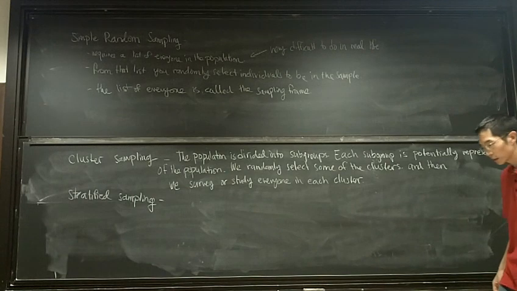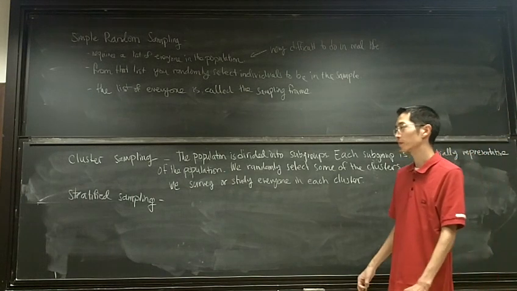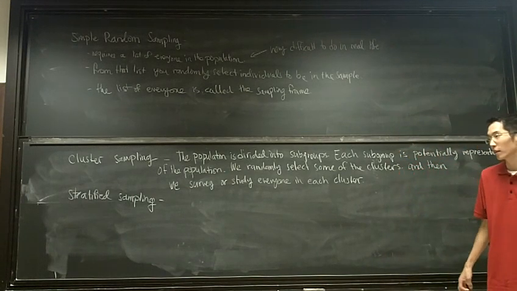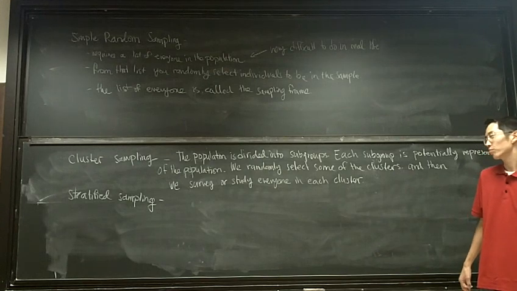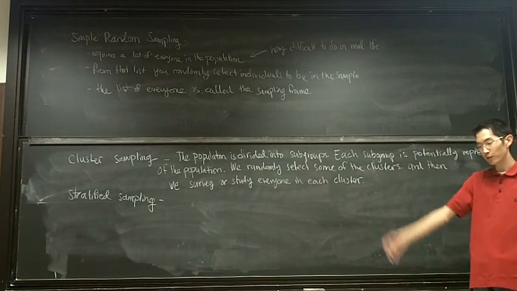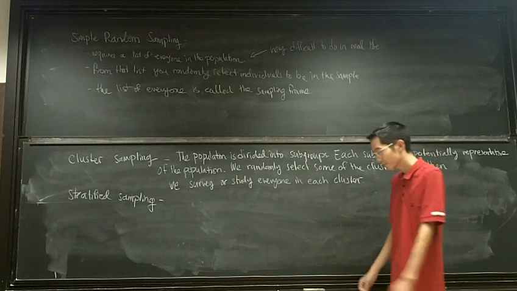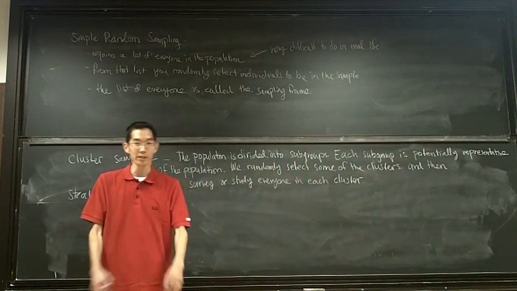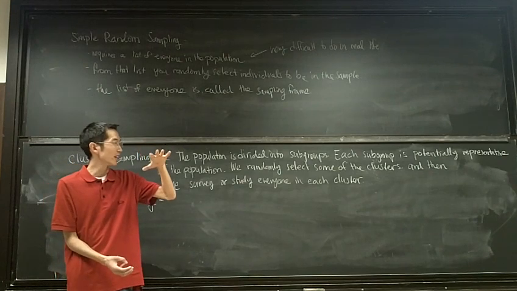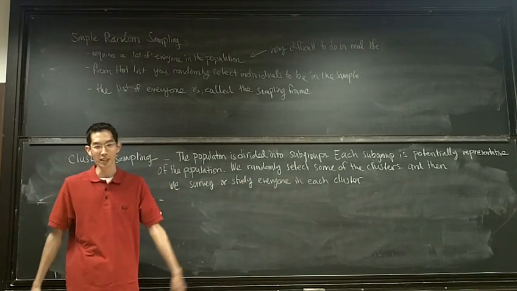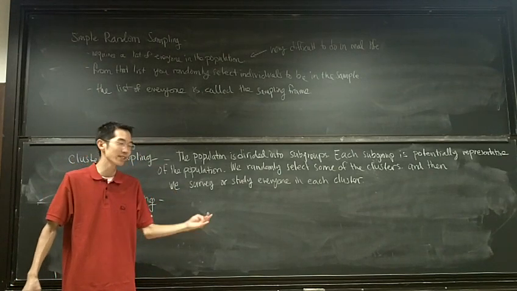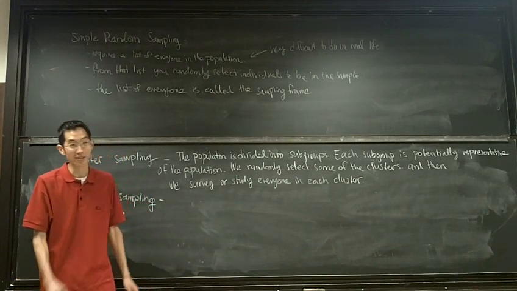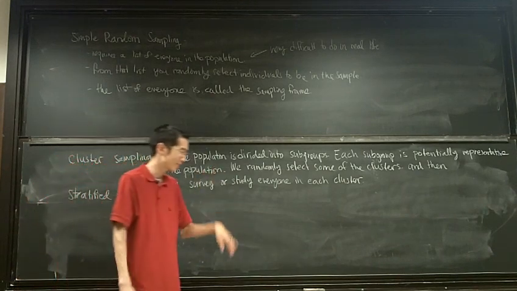So an example could be, maybe if you wanted to survey the state of Iowa, instead of trying to get a list of everyone in Iowa, you get a list of all the Iowa counties. And there's like 60 counties in Iowa, or I don't know, there's a lot. California only has a few.